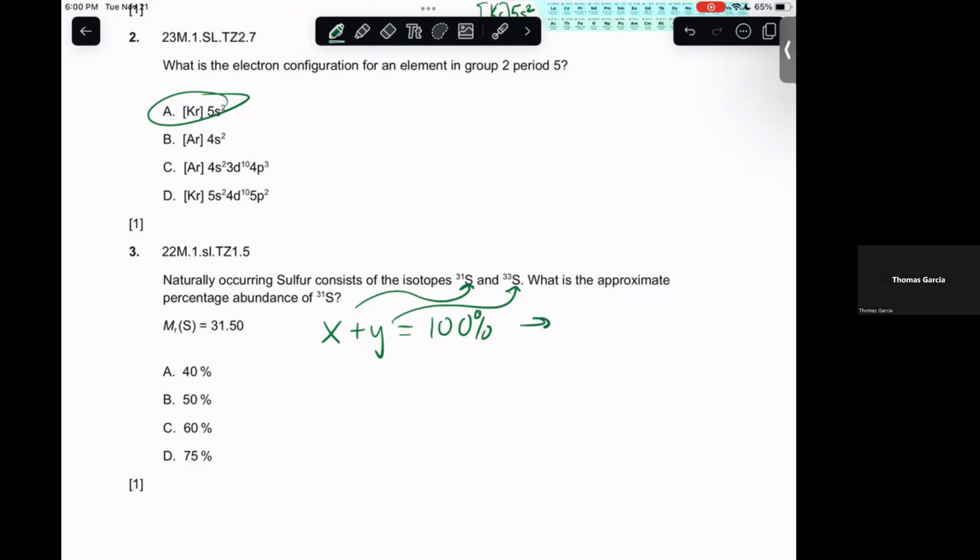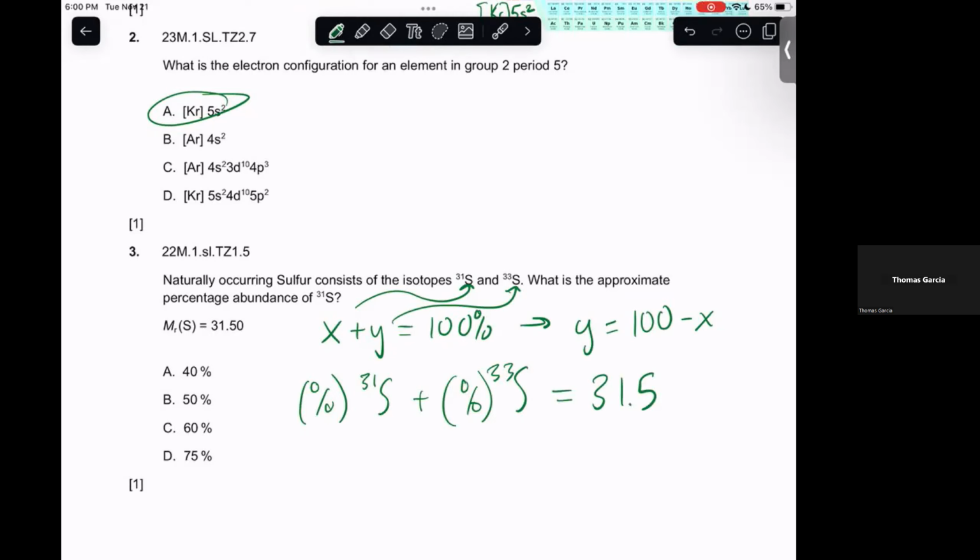Then you can change this around and say y is equal to 100 minus x. Therefore, the percent of 31S plus the percent of 33S will equal our total mass of 31.5.